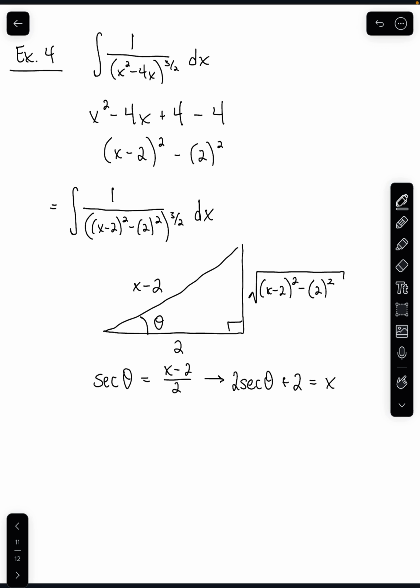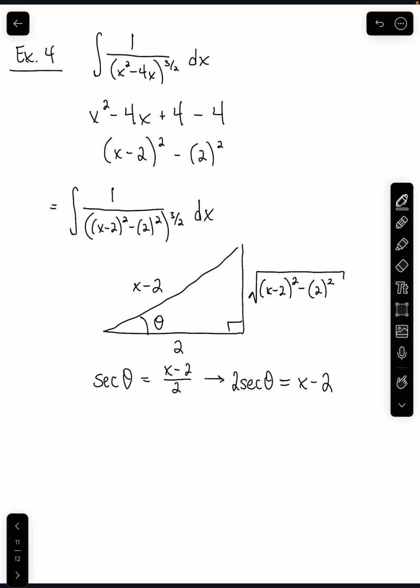This being said, we can make our lives a little bit easier by simply leaving the subtraction of 2 with the x. Because in our expression, we have the expression x minus 2 already in there. So if we can swap that out more directly in this way, it will make our lives a little bit easier.